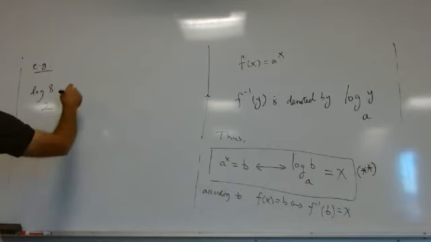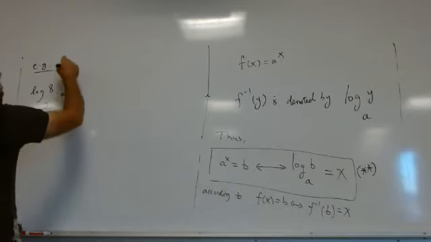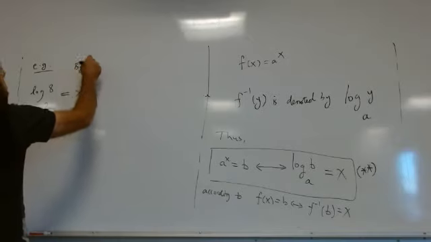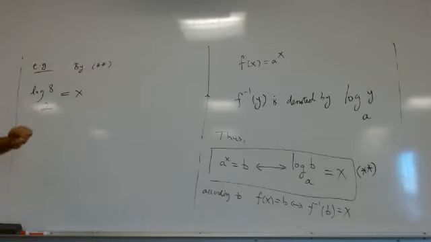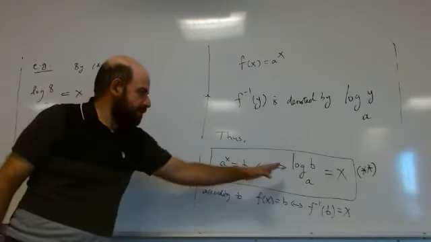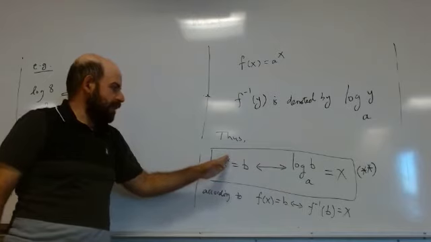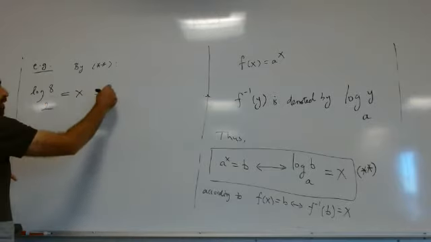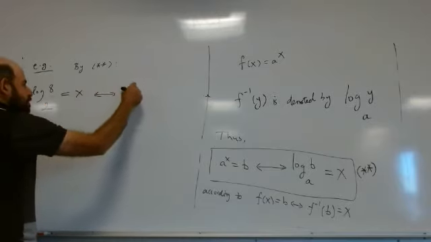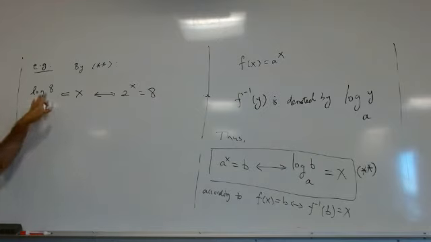If I call this one x, then this formula says that this is the same as saying that a to power x is equal to b. Now my a is 2 and my b is 8, so this is the same as saying that 2 to power x is equal to 8.